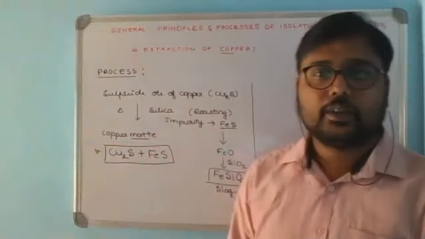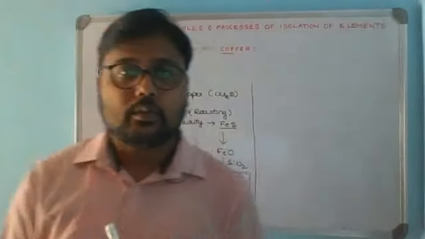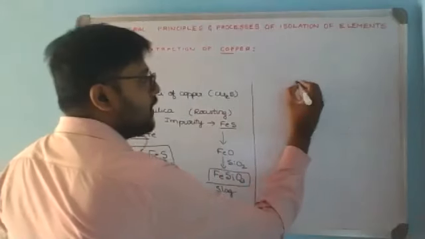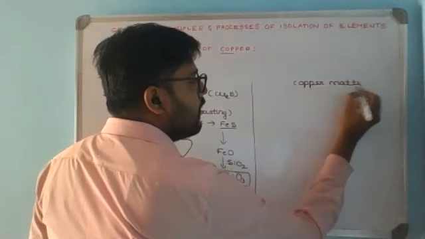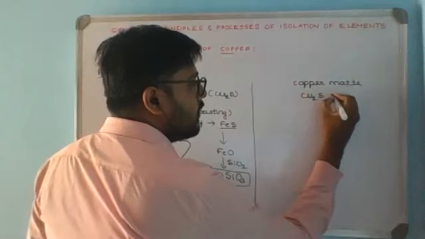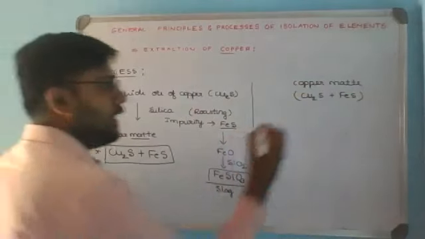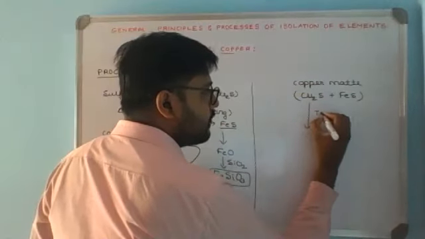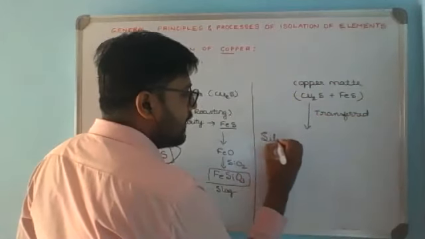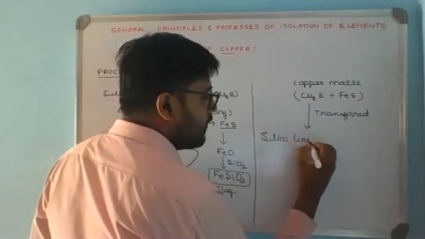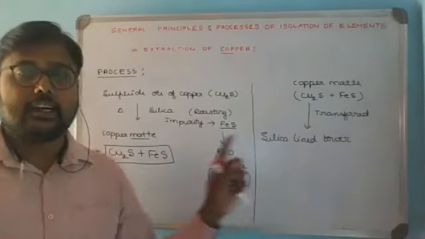Now we'll observe again how to obtain copper from copper matte, with simple information and the supporting chemical reactions. The copper matte obtained, that is Cu2S with FeS mixture, is transferred to a silica lined tower.